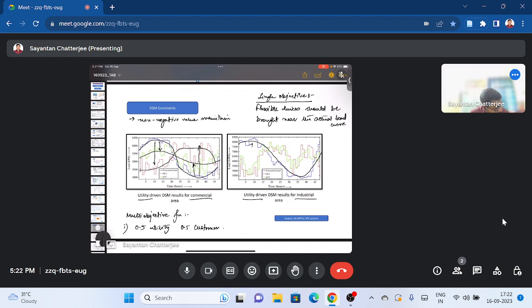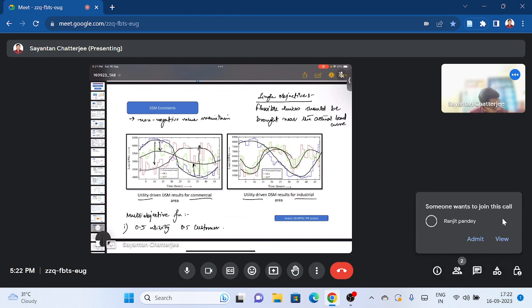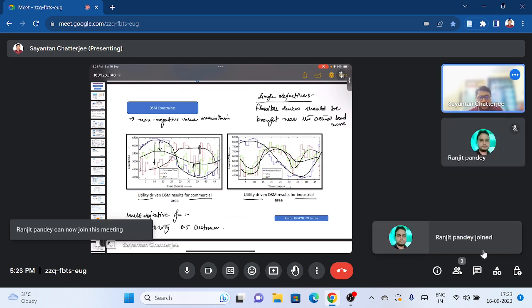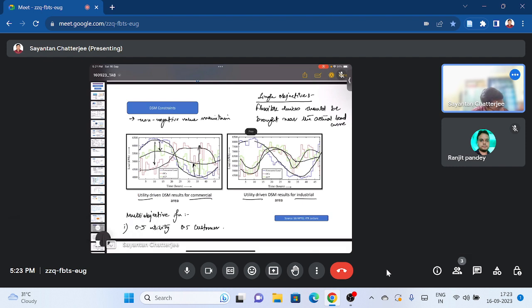So this was the aim, and the solution was quite satisfying, because with the demand response, this peak shifted down and this peak shifted up, but there were some fluctuations.